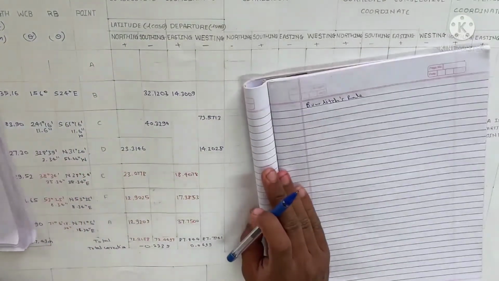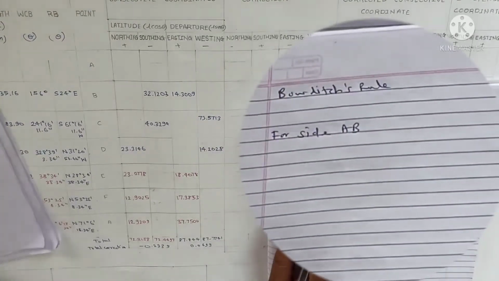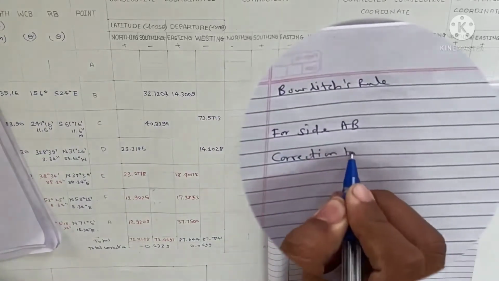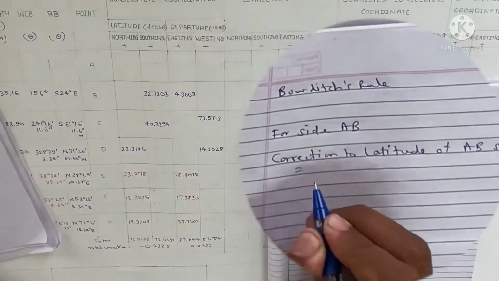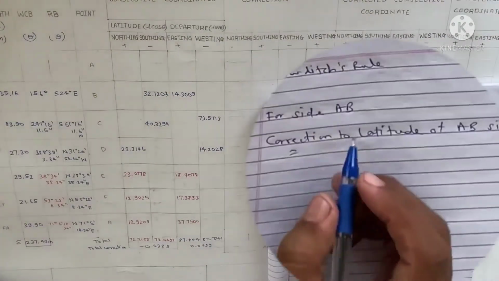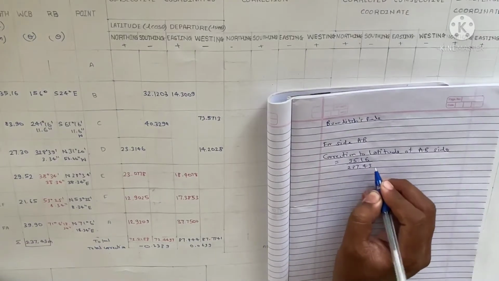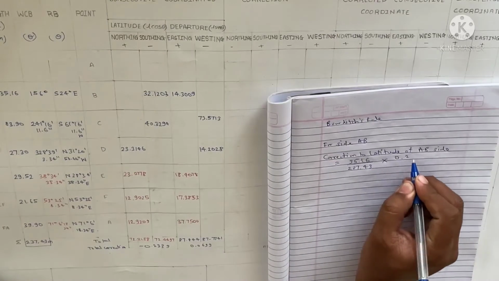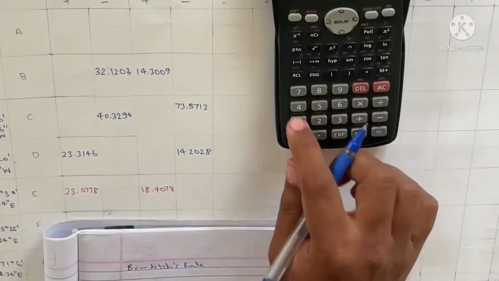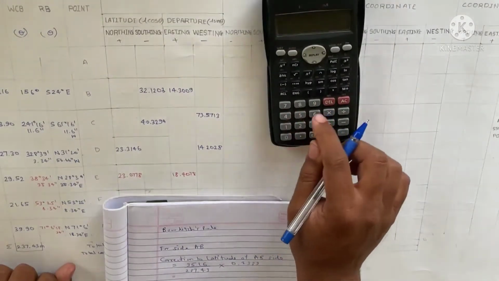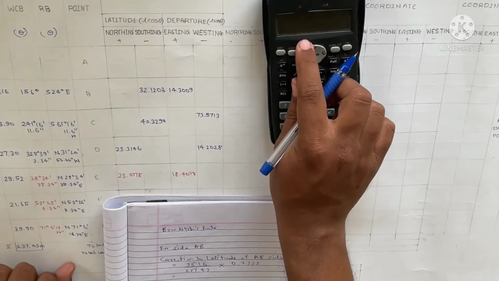For side AB, the correction to latitude of AB side is equal to the length of the AB side, which is 35.16, divided by the perimeter, the total summation of traverse sides, that is 237.43, into the total error, 0.2339. So 35.16 divided by 237.43 into 0.2339 comes out to be 0.0346.